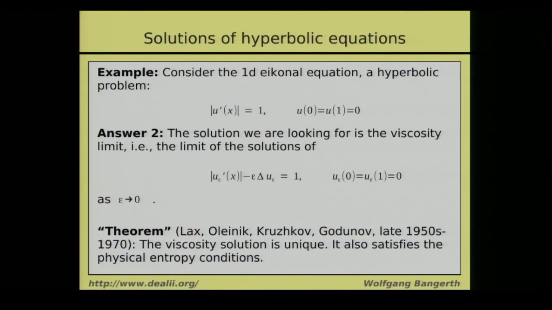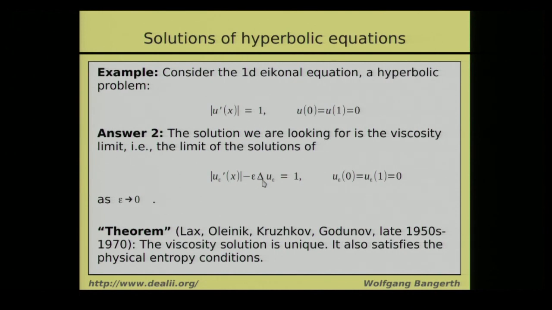So if I start with the Eikonal equation up here, the Eikonal equation was that the absolute value of u prime equals 1. What I'm going to do is add a little bit of diffusion. So I'm going to add epsilon times minus Laplace of the solution. This equation is, strictly speaking, elliptic, because it has the second derivatives here.